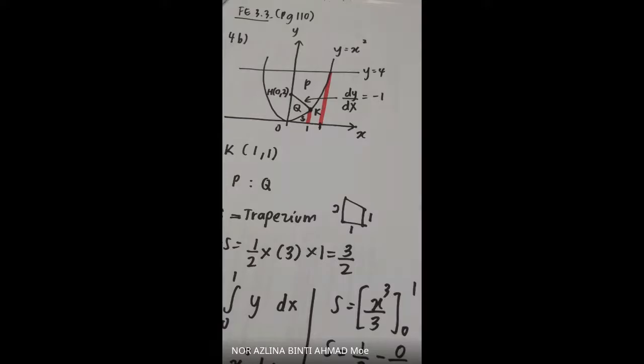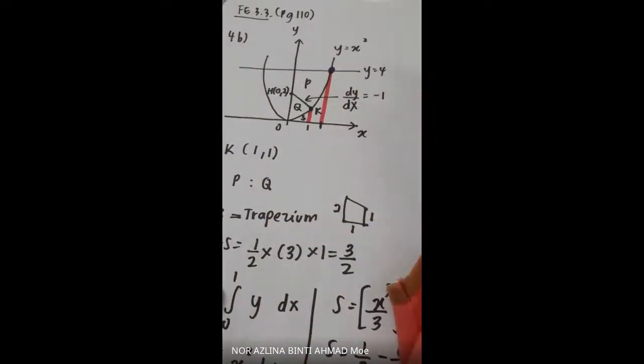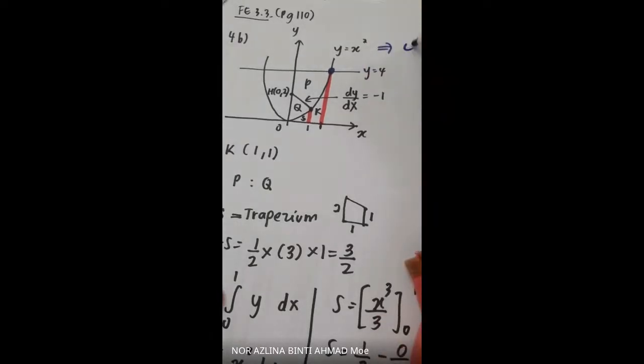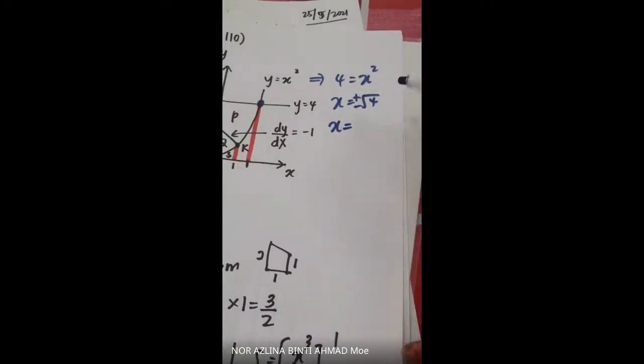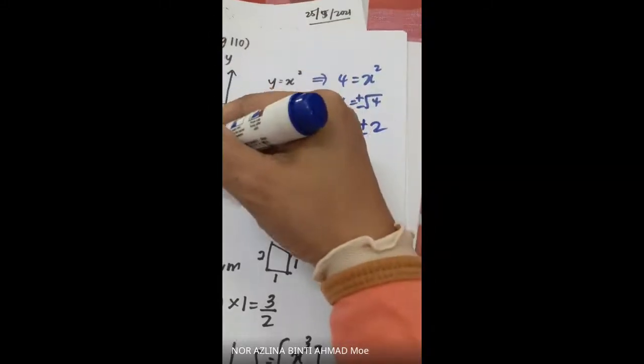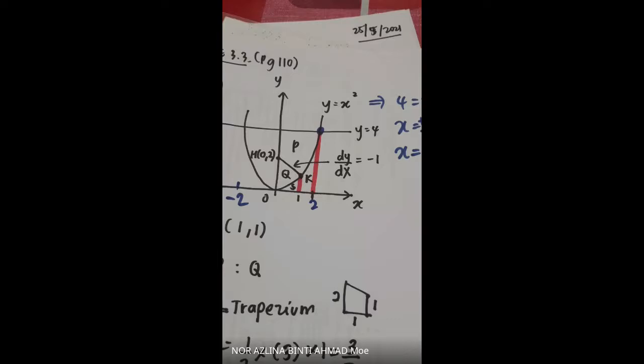You can substitute this point. Y equals 4, right? So when y equals 4, what is the value of x? So x is the square root of 4, plus minus 2. So here 2, left hand side is negative 2. Tak faham tanya terus.